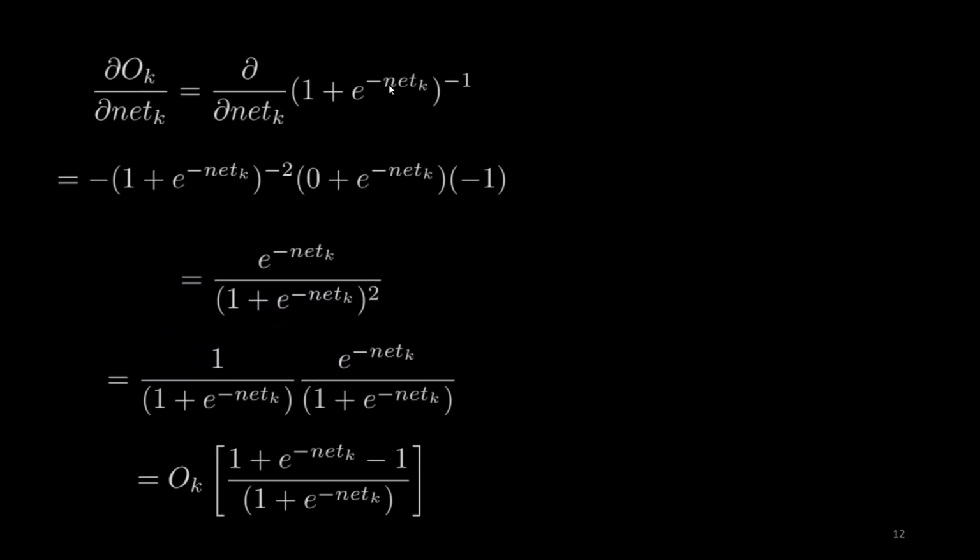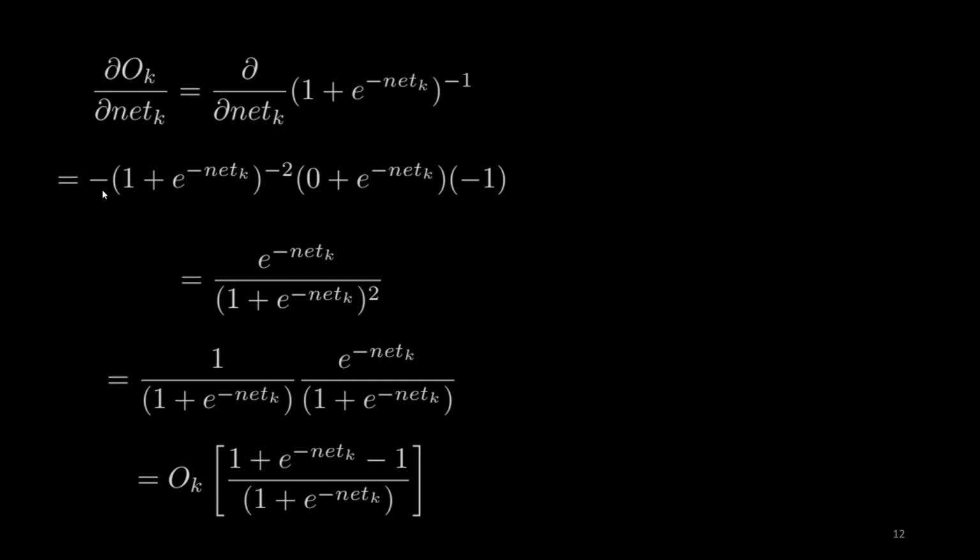Here we get this form. Then we take the first derivative, this -1 comes here, and then we subtract 1 from the power. It will become -2 according to the rule of differentiation. Then according to the chain rule, we calculate the derivative of this term, which comes out to be this. Then we calculate the derivative of minus net k, which was -1.